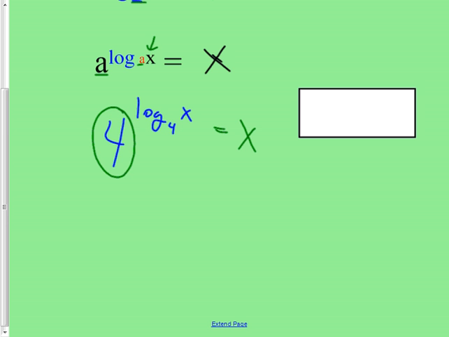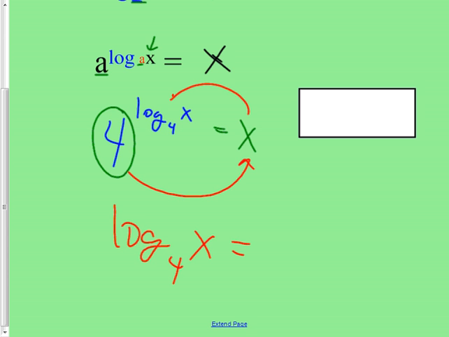You don't have to do all of this yourself today, but I'm proving to you this actually works. If this isn't a log, I can make it a log, and its base would be 4. And then I jump to the other side of x: log base 4 of x equals, and then I jump back over here. Look at that, log base 4 of x. If that's equal to that, then it must have been true. All right.